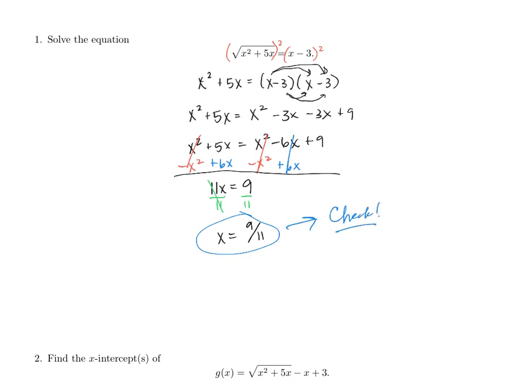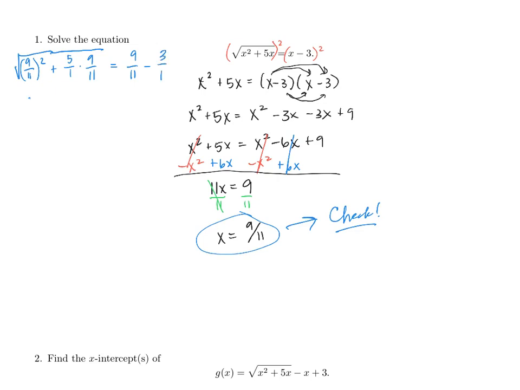All right, so that means I need to plug in 9/11 into the original equation. So we're going to have the square root of (9/11) squared plus 5 times 9/11, all that's under the square root, equals 9/11 minus 3.